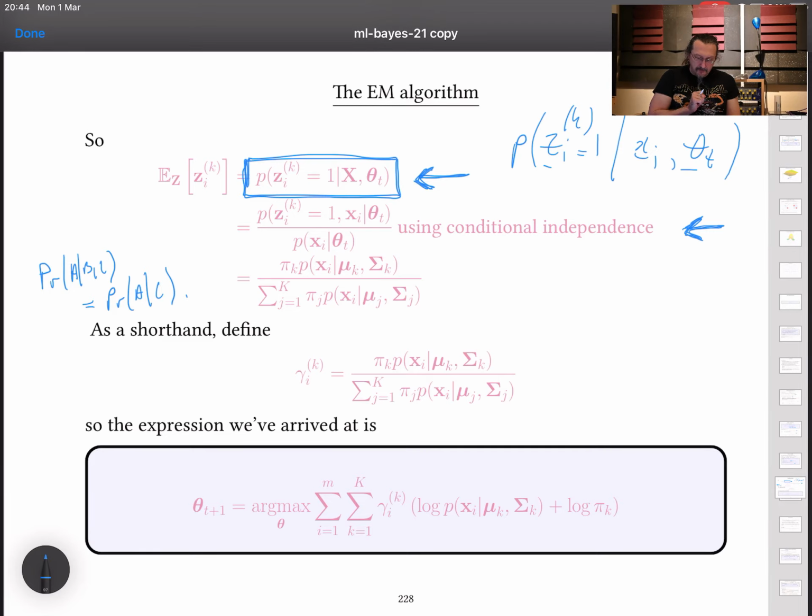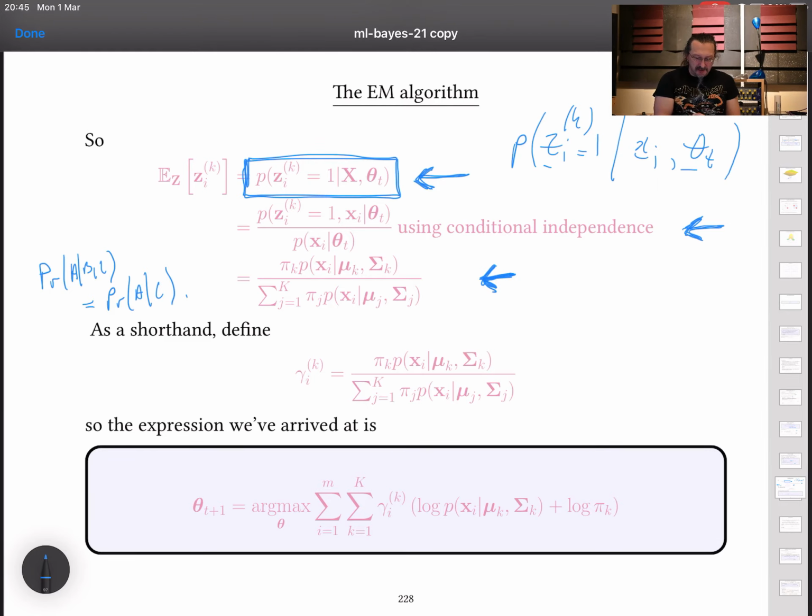And now I have this nice expression. Why is this a nice expression, and where does it come from? Well, on the top, the probability of generating the ith training point in the kth cluster, because these are two independent processes, the probability of getting the kth cluster is just pi k, and then independently of that, I go to the density for the kth cluster and sample it to get xi.